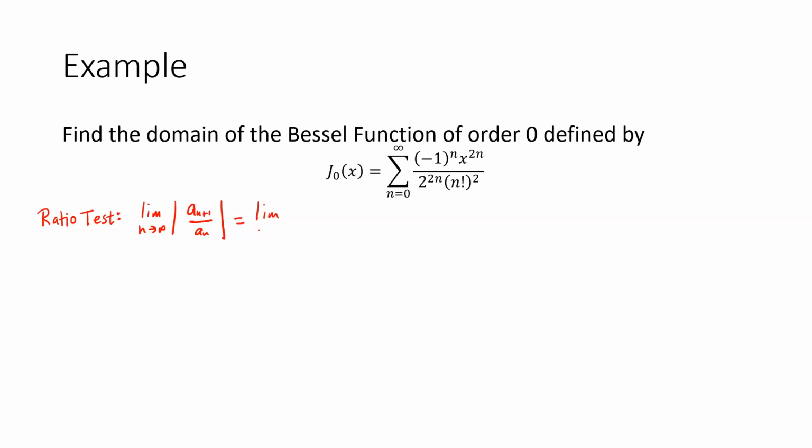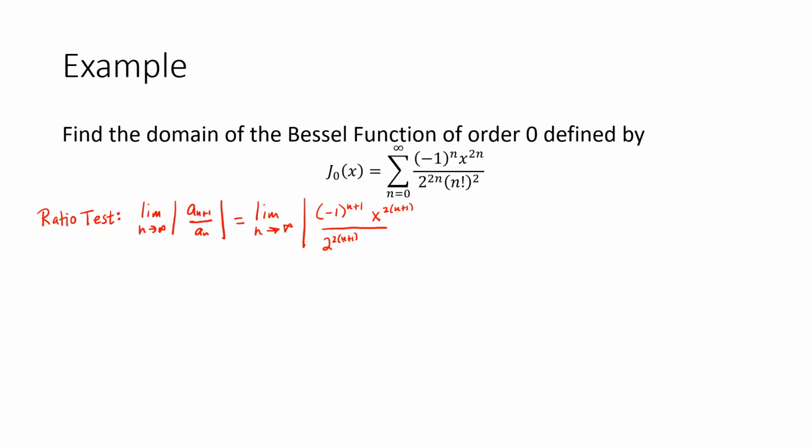Okay, so let's try and write it out here. Now notice this one's a little bit more complicated than the last series, but the goal here will be to replace n with n plus 1 to get a_(n+1). So everywhere I see an n, I'm going to replace it with n plus 1. Notice here I'm grouping it.